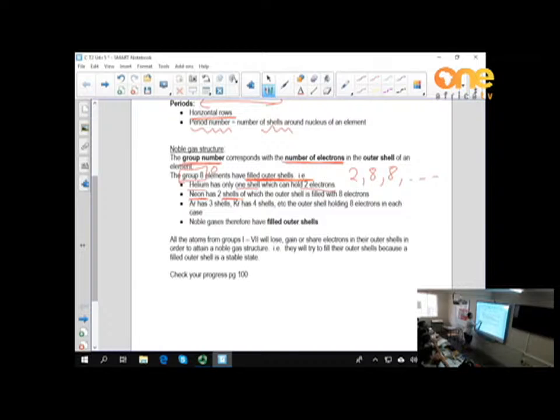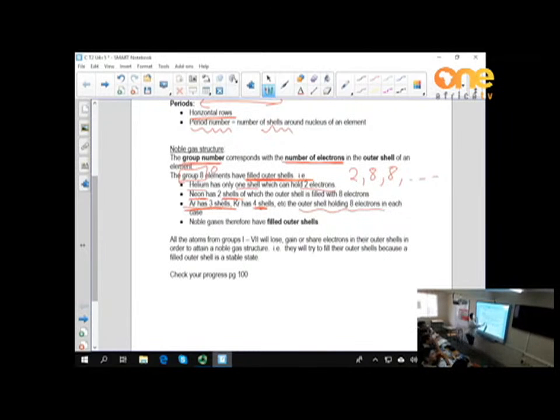Okay? Argon has 3 shells. The first shell will have 2 electrons, the second 8, the third 8. Krypton has 4 shells. The first shell will have 2, the second 8, the third 8, the fourth 8.